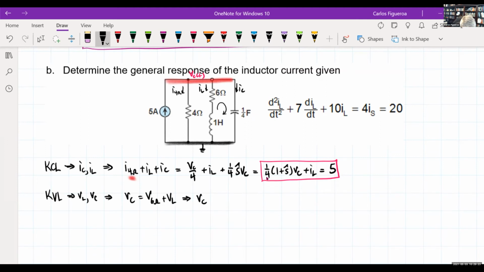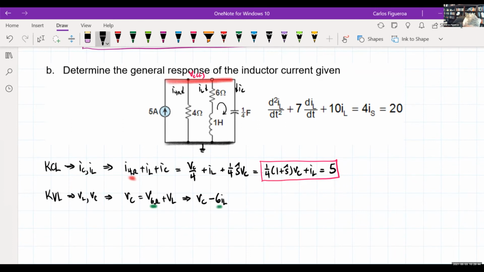I get VC. Now let's focus on this guy. Look, the 6 is in series with the inductor, so they must have the same current. So I'm going to write this as minus 6IL. That's where I got this guy from. Now look at the inductor.